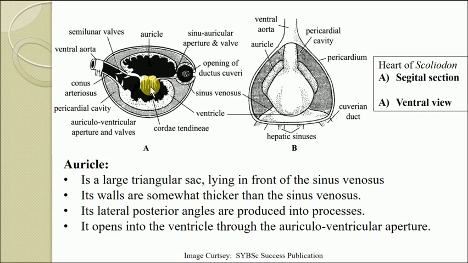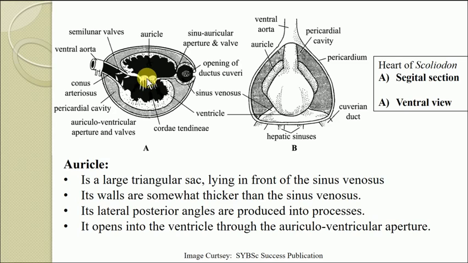This auriculoventricular aperture is also guarded by a bilabiate valve. The function of that bilabiate valve is to prevent backward flow of blood from the ventricle to the auricle.